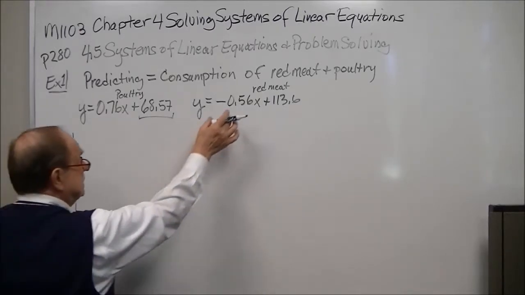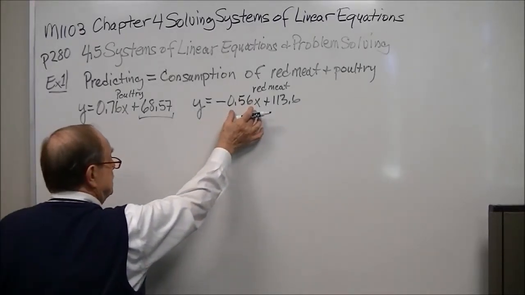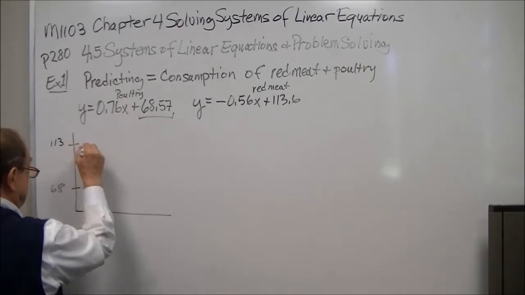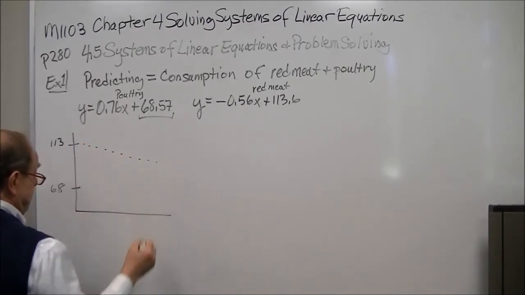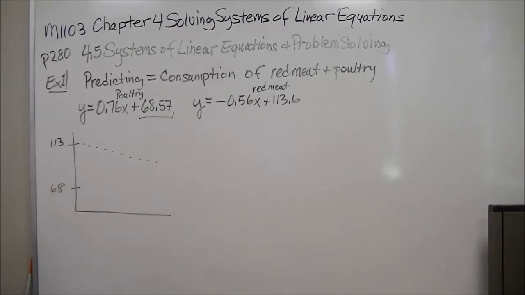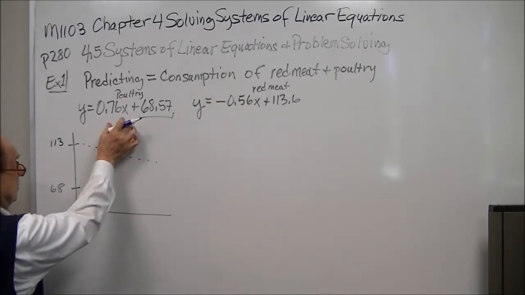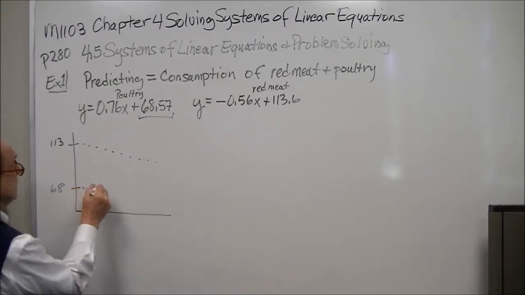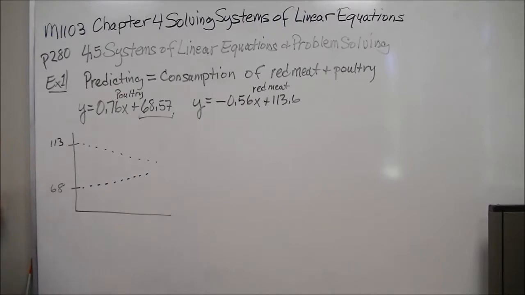And since this is negative slope, we're going to suggest that this line is going down. And since this is positive slope, we're going to suggest that this line is going up. And that's what is shown in the chart graph in our textbook.